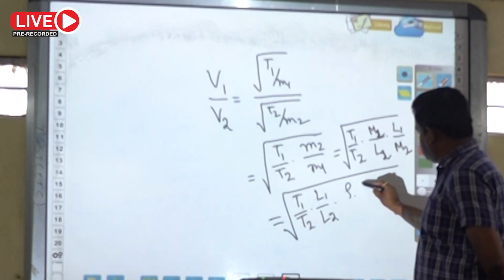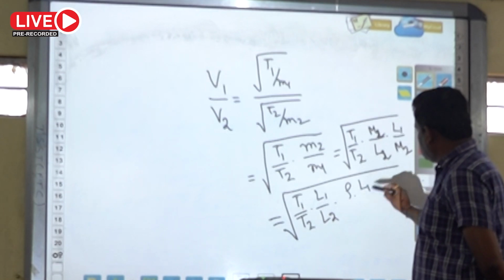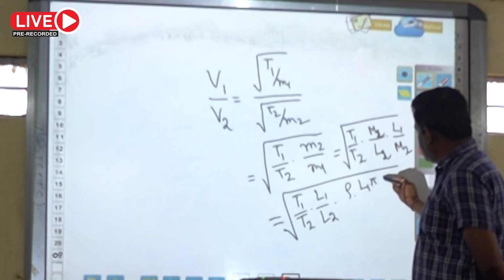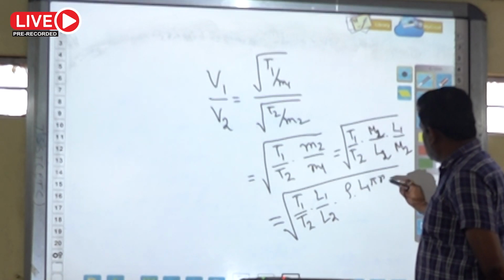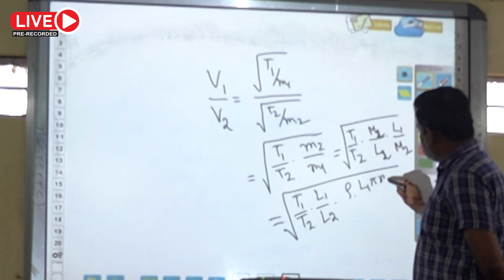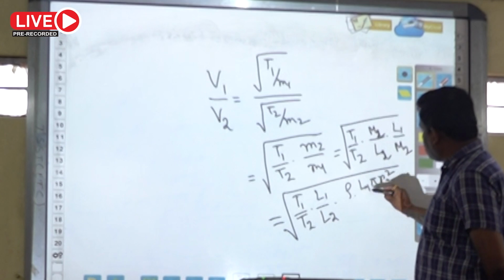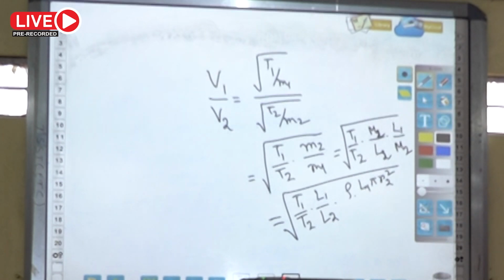Volume means length into area of cross section. M1 is rho into L1 into pi r1 square is the volume.